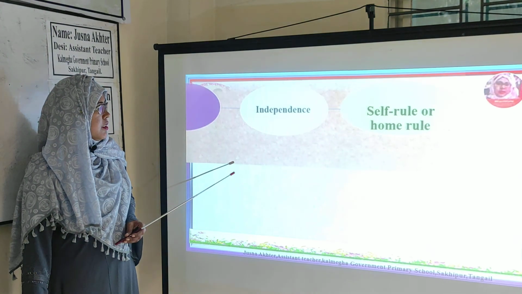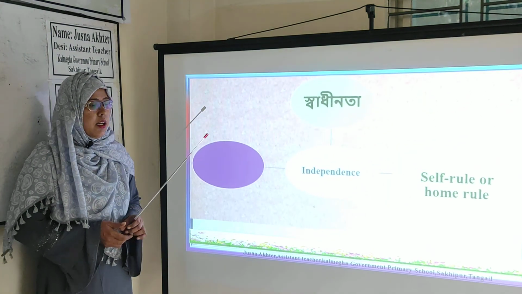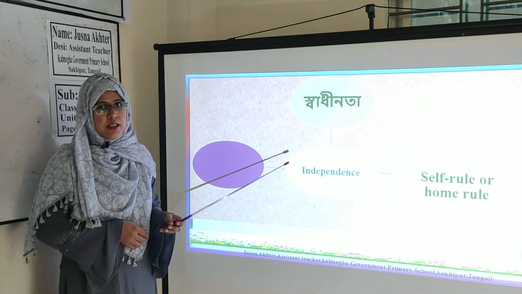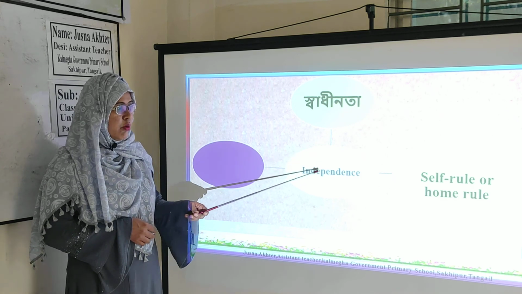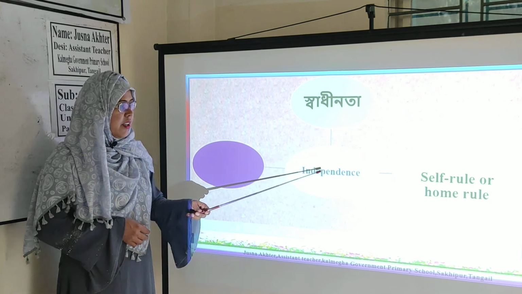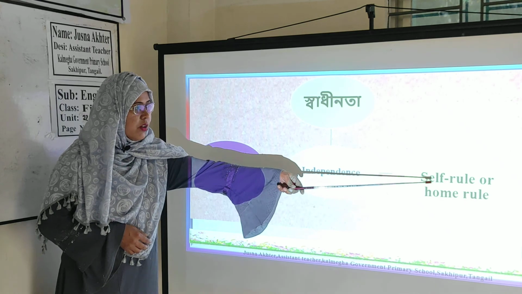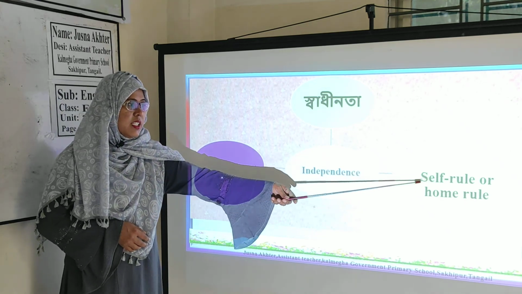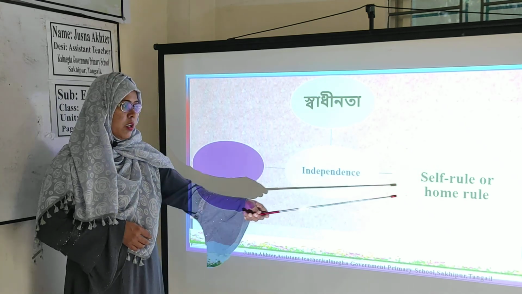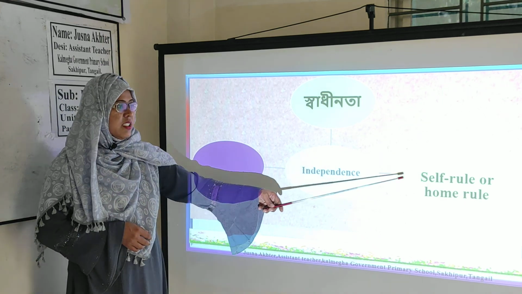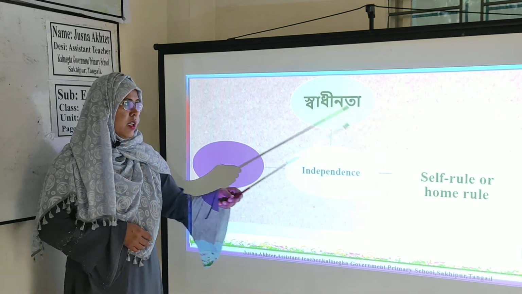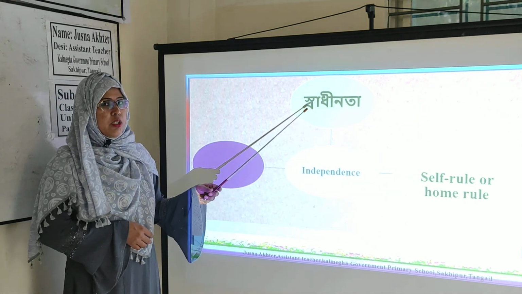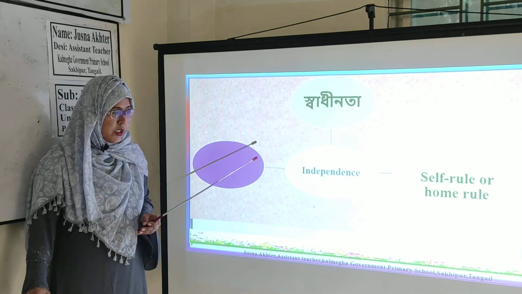My dear super learners, the another word is independence. Say with me, independence. Independence, English meaning self-rule or home rule. And Bengali meaning is Shadinata.